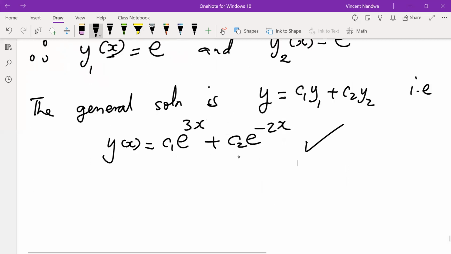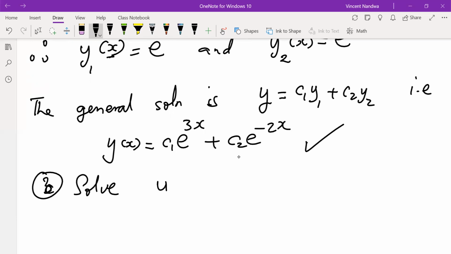Example 3. Solve the equation y double prime plus y prime minus 6y equals 0.